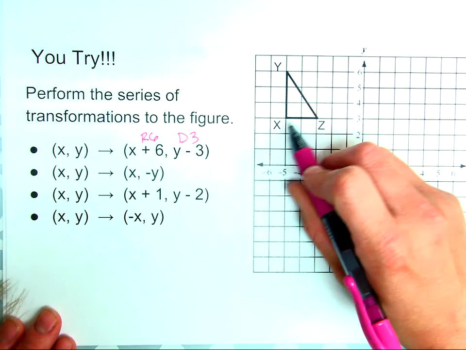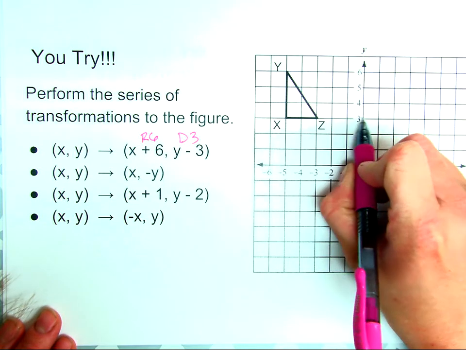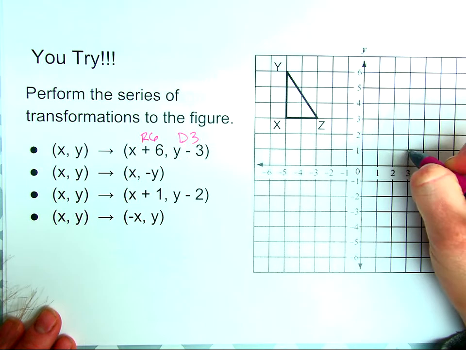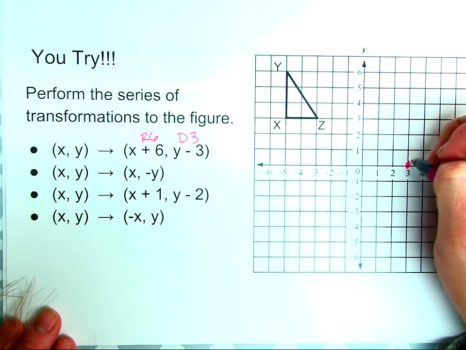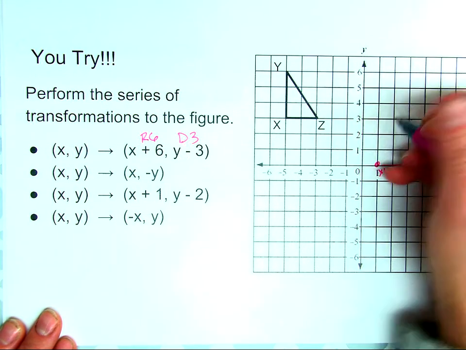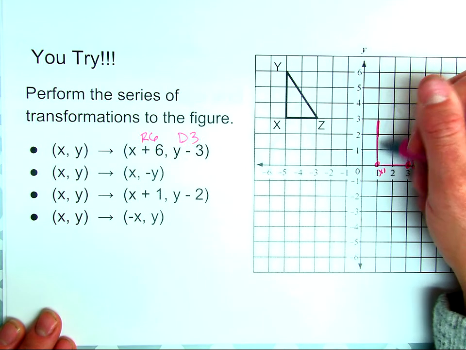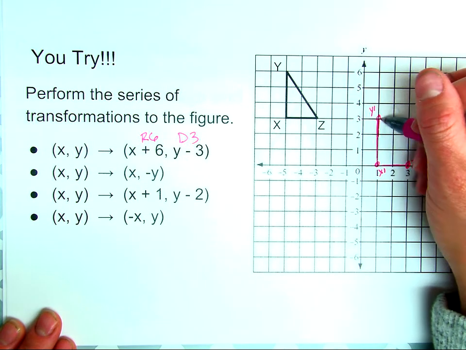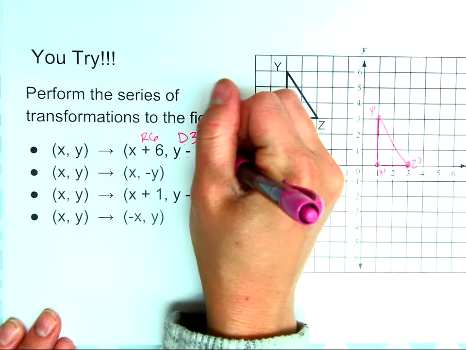So 1, 2, 3, 4, 5, 6, 1, 2, 3. That's Z prime, X prime, Y prime. Okay, so that one's done.